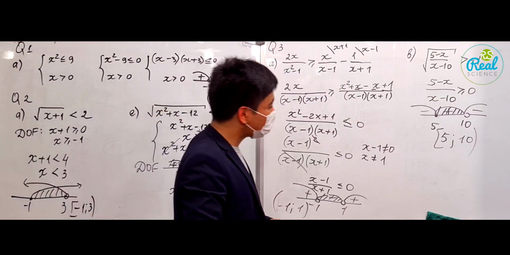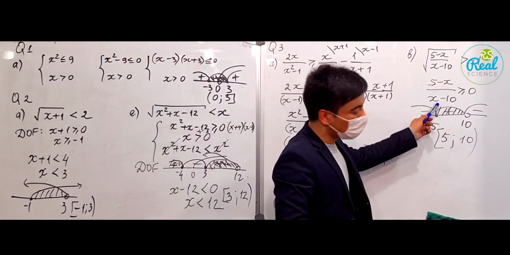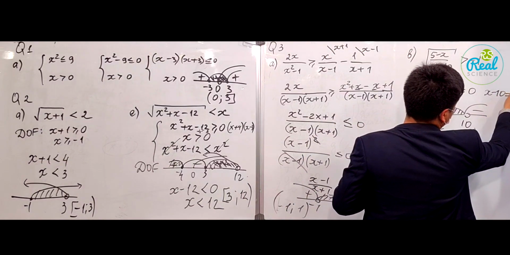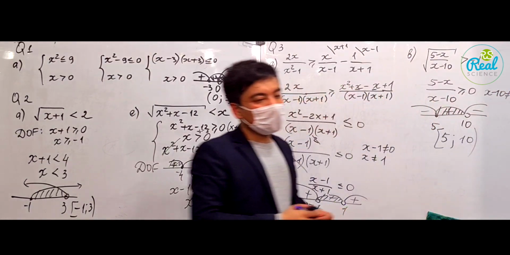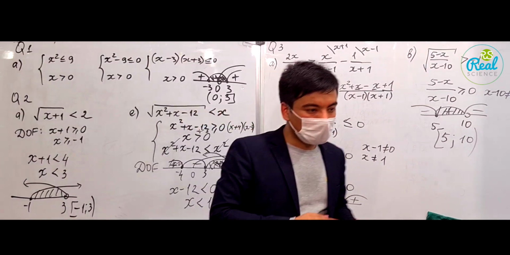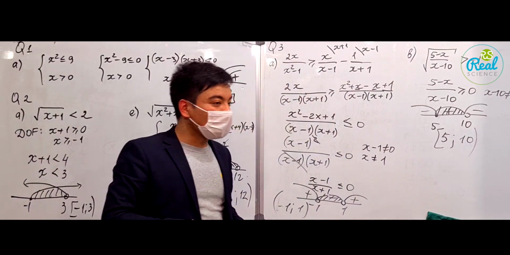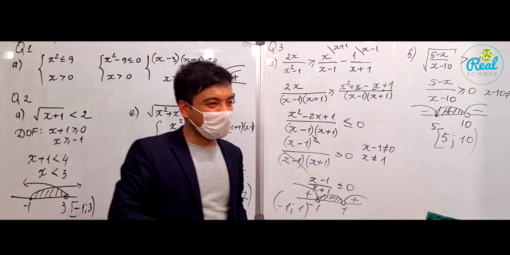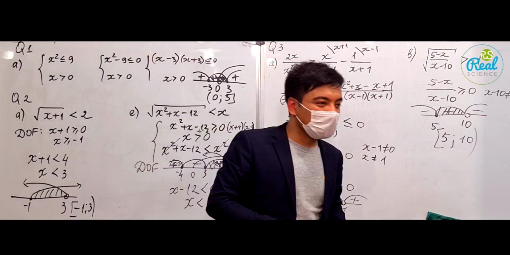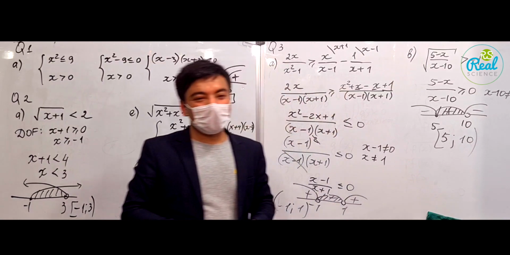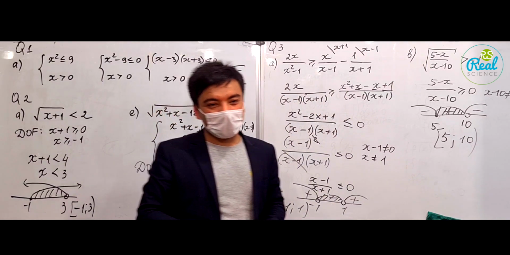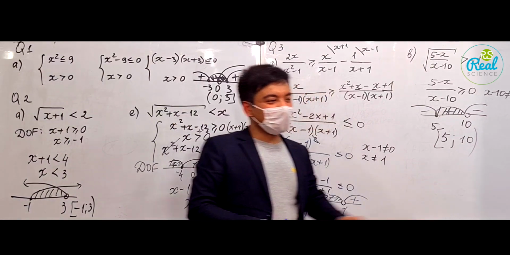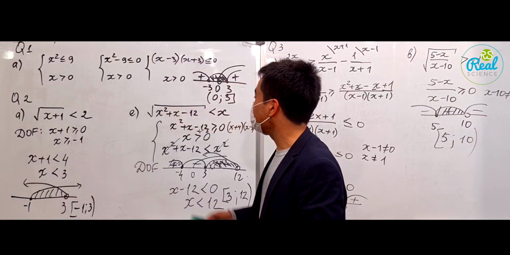Why isn't 10 included? Because 10 is in the denominator, and the denominator cannot be 0, because we cannot divide by 0. Is all clear for you? Okay, another question.